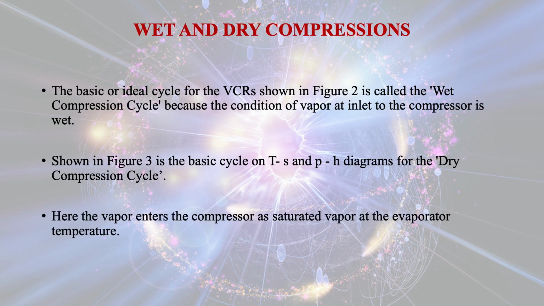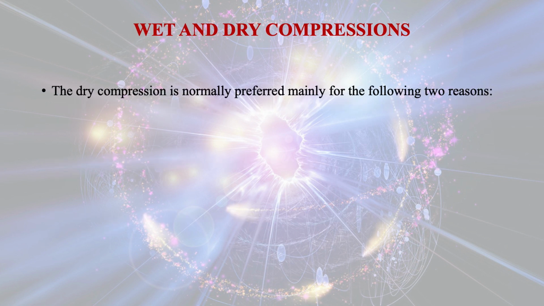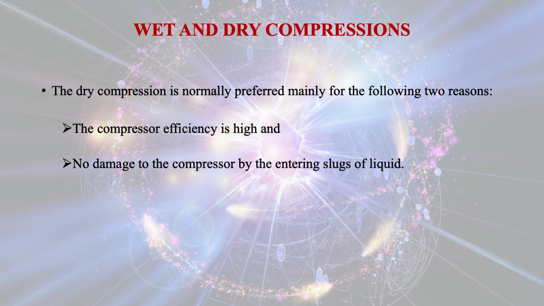Here the vapor enters the compressor as saturated vapor at the evaporator temperature. The dry compression is normally preferred mainly for the following two reasons. The compression efficiency is high and there is no damage to the compressor by entering slugs of liquid.